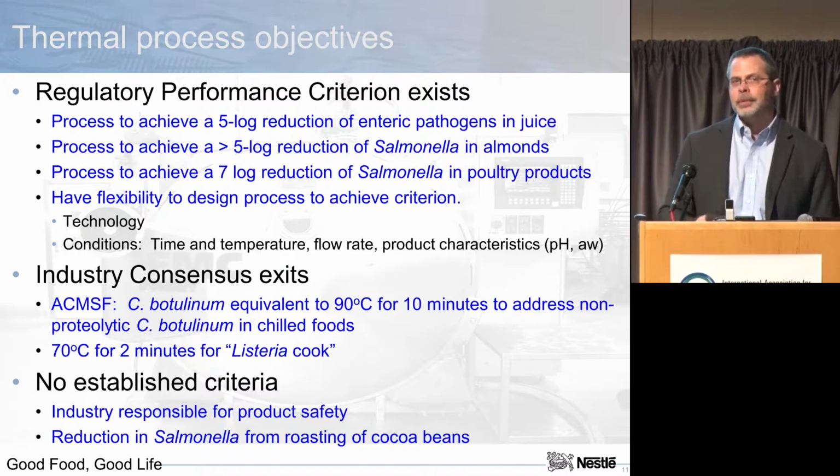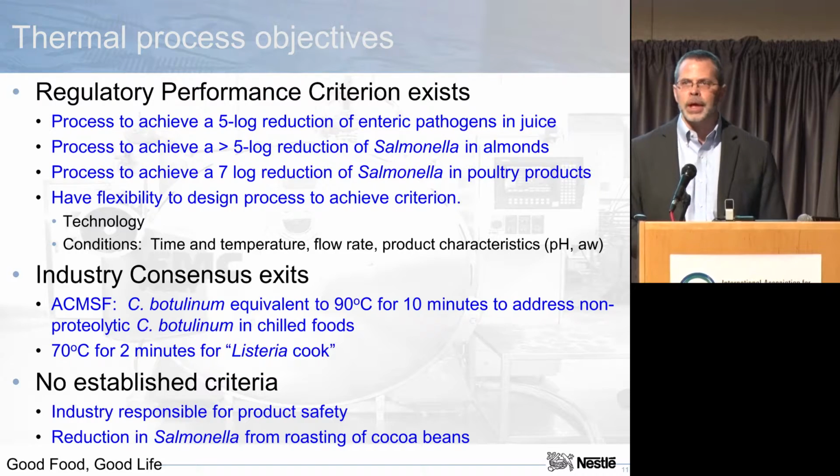There are other cases, in most cases, where there's not an industry or a regulatory authority stating what we need to do, but we as industry need to make things safe. Often we'll get together where there's something that's tricky and we'll develop an industry consensus document. We might create, like the ACMSF did, some default safe harbor values for Clostridium botulinum in chilled foods: 90 degrees Celsius for 10 minutes.